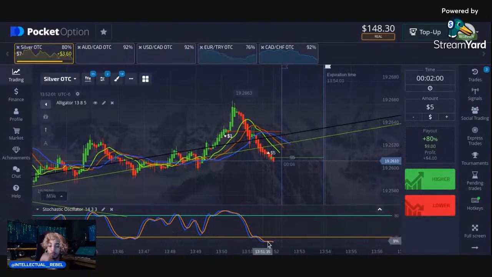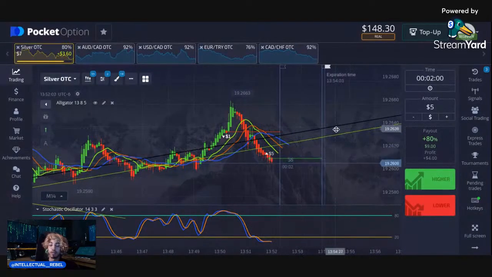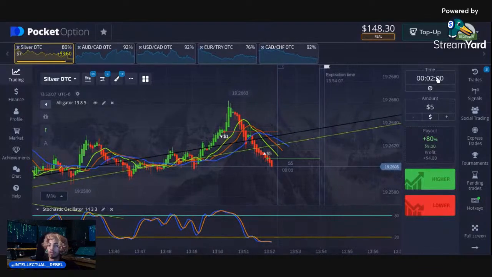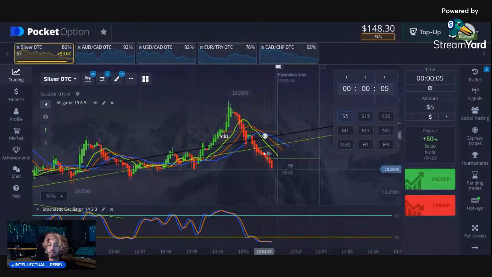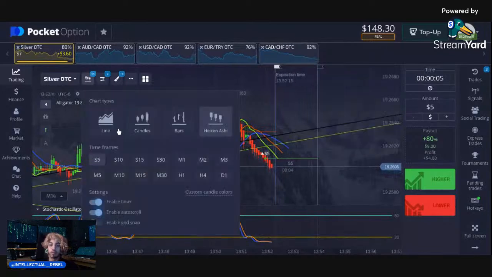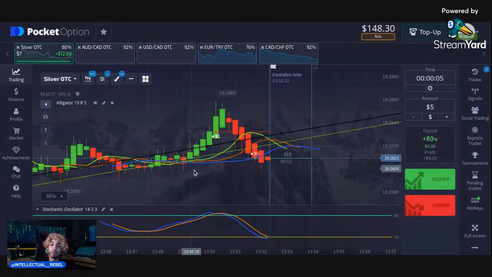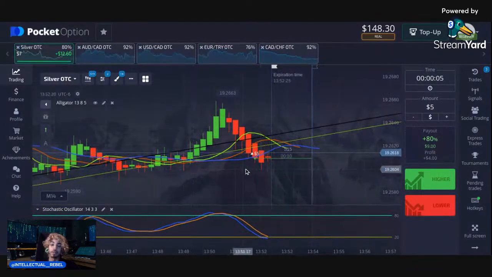See that reversal? Five seconds. Oh man, I was on 5-second time frame. I usually place my entries at 15 seconds if I'm doing a minute. And if I'm doing 5-second scalping, I'm just on a 5-second time frame.